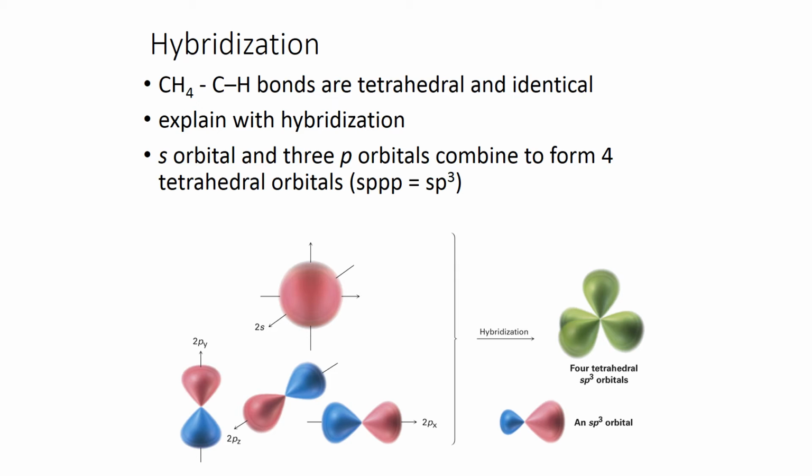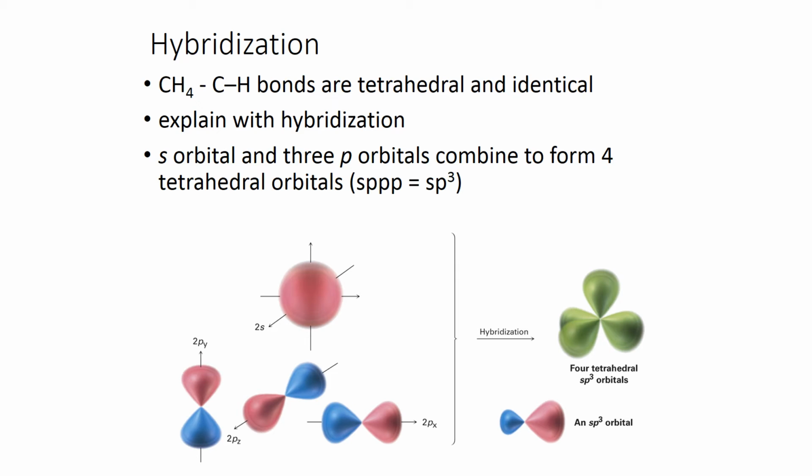If we look at methane, which is carbon with 4 hydrogens on it, we find that we have 4 bonds attached, and the carbons are tetrahedral, and they're all identical. They are at 109.5 degree angle from each other. They all have the same bond strength, and they all have the same bond length.